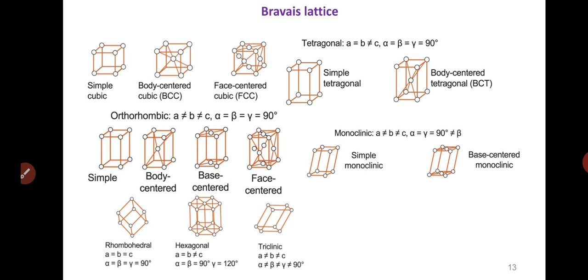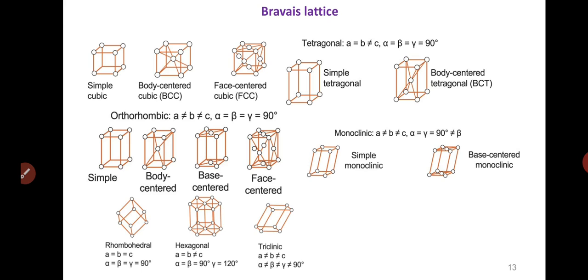In monoclinic, there are 2 types: simple monoclinic and base centered monoclinic. Here, A not equal to B not equal to C, and the angles alpha equal to gamma equal to 90 degrees but not equal to beta. Then the other type of Bravais lattice is the rhombohedral.